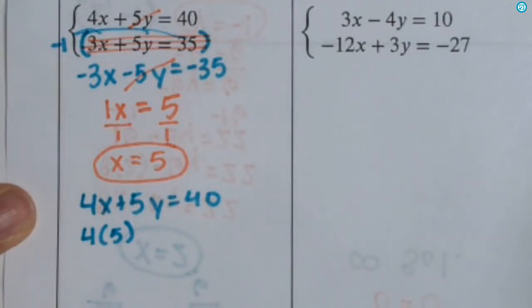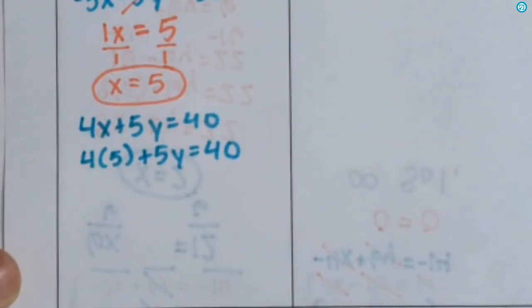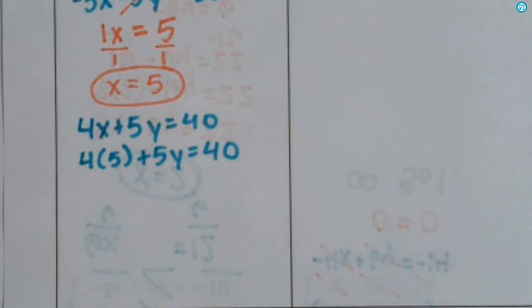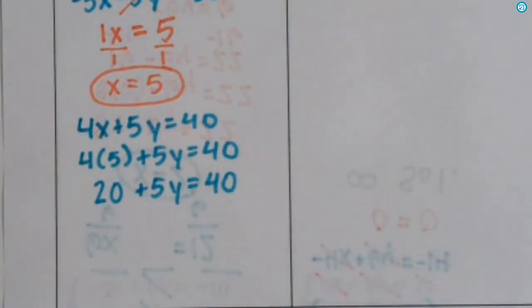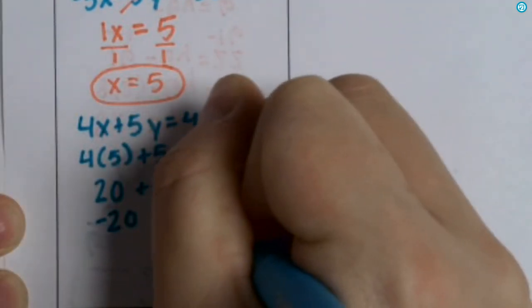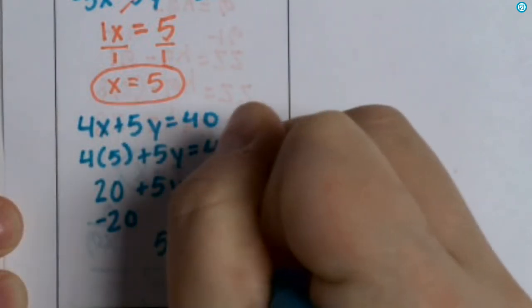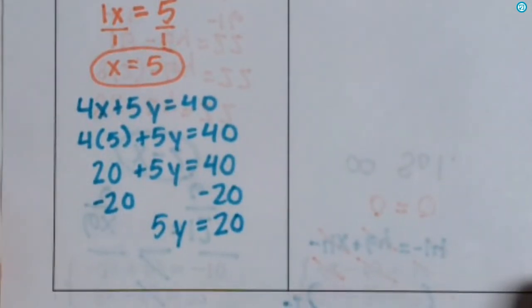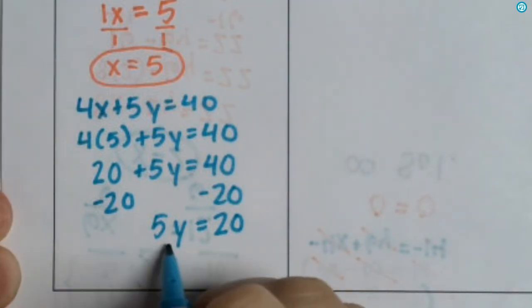So I've got 4 times 5 plus 5y equals 40. And we can multiply that 4 times 5 out. 4 times 5 is 20. Plus 5y equals 40. And subtract 20 from both sides. We get 5y equals 20. Divide both sides by 5.